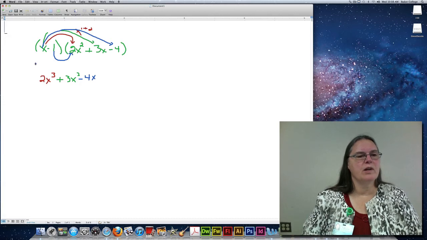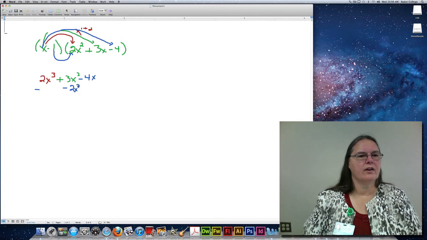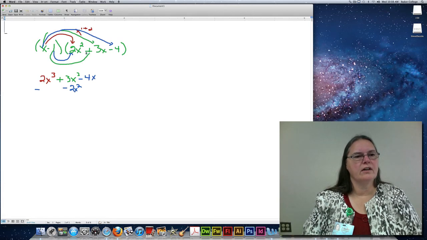Well, if you remember, 1 times that thing is that thing, right? So 1 times anything is still the thing. In this case, the sign will change. So I have the negative, whoops, let's put it where it belongs. -2x squared. Then I'm going to take and distribute it to the next piece right here.